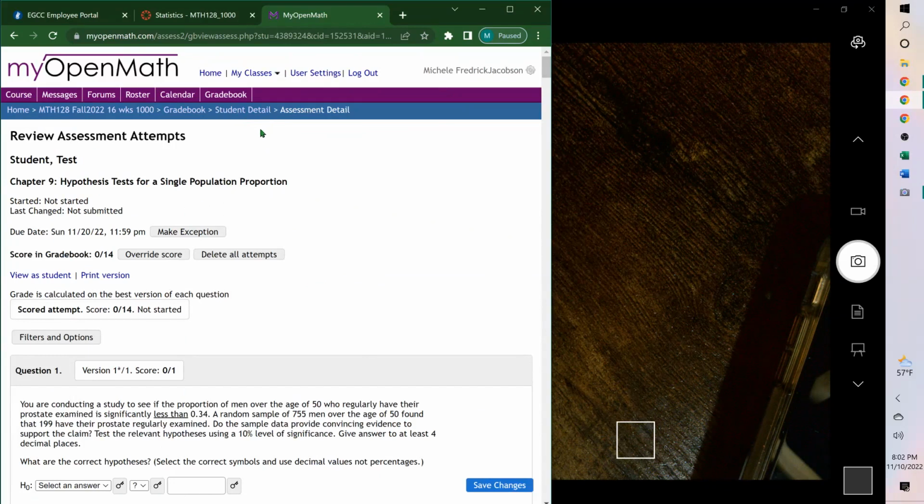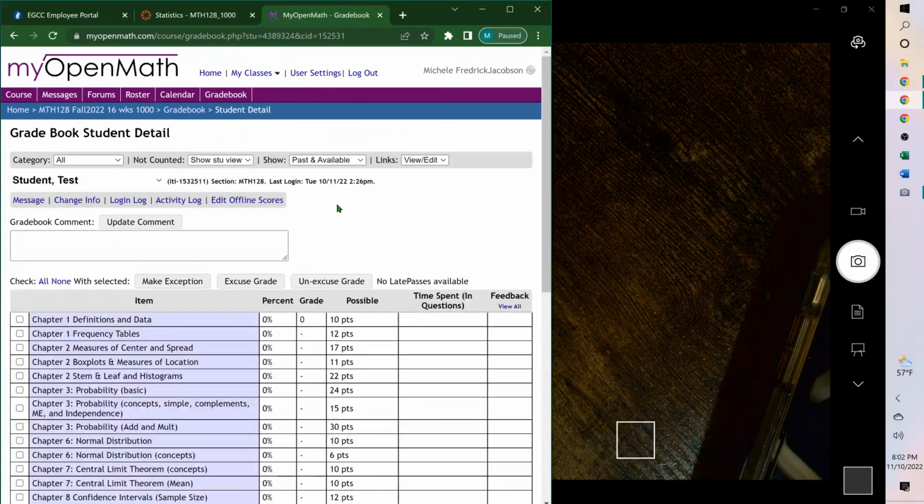The true and false questions are strange. Was that in chapter 8 or 9? Oh, chapter 9. Okay.